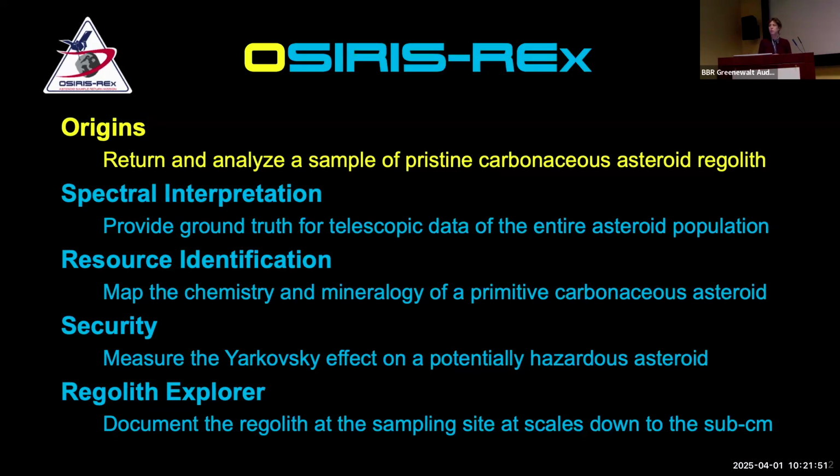But it also did a lot of spectral interpretation of that asteroid while it was there. It also identified resources, and by resources we mostly mean minerals and elements. And it did that in situ, as well as I'll show you data to compare what it looks like when you get it back in the lab.